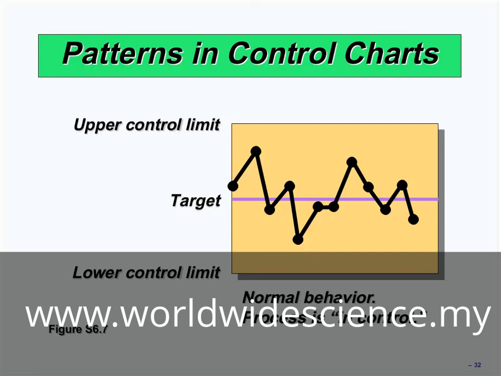Now I want to tell you, if all of the dots fall inside the area, we cannot tell the process is under control. Listen carefully and don't confuse the two sentences. I want to tell two sentences now. The first sentence: if even one point falls outside the area, you can tell the process is not under control.